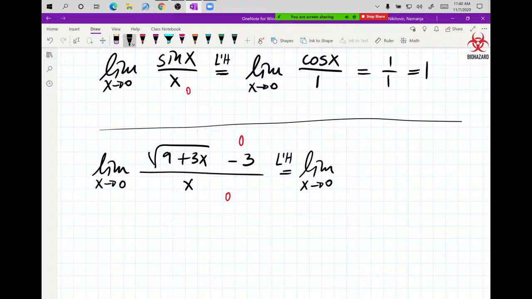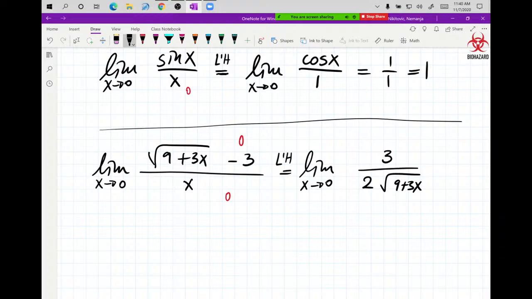Now, the derivative of x on the bottom is 1, so I don't have to worry about that one. The derivative of minus 3 is 0, so forget about that one as well. So all I need to do is to take the derivative of this square root, and that is also very cheap, right? We have the square root of 9 plus 3x, and the derivative of the inside is this.